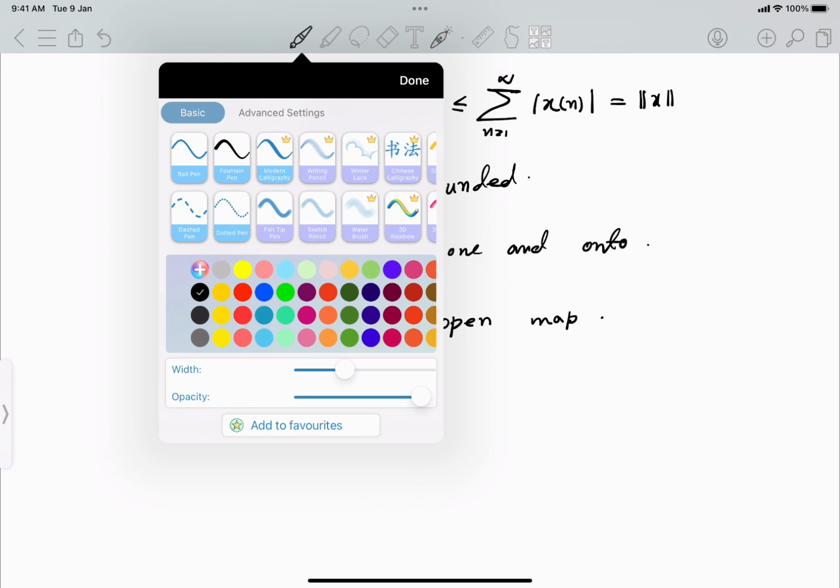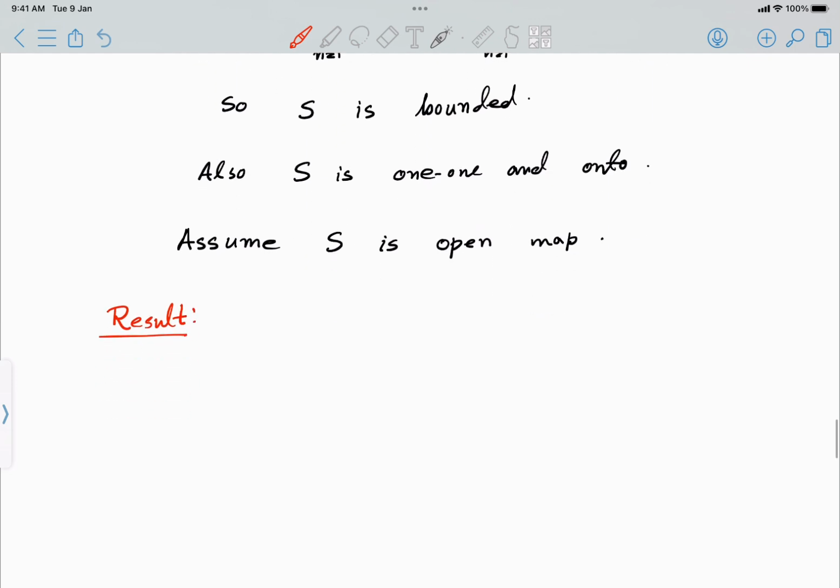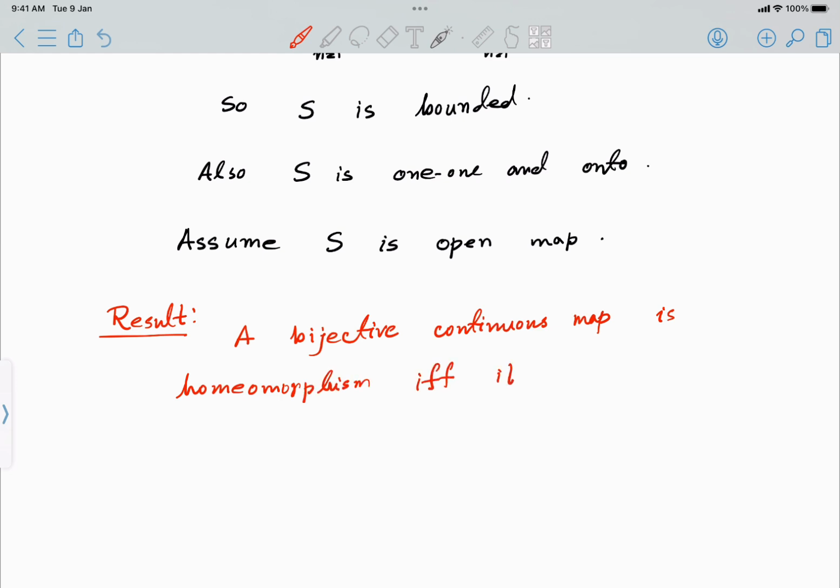So let me write the result: a bijective continuous map is homeomorphism if and only if it is open map.